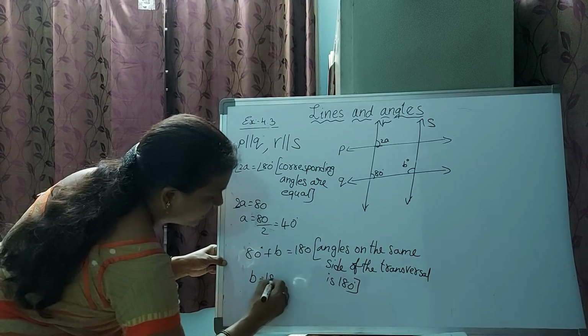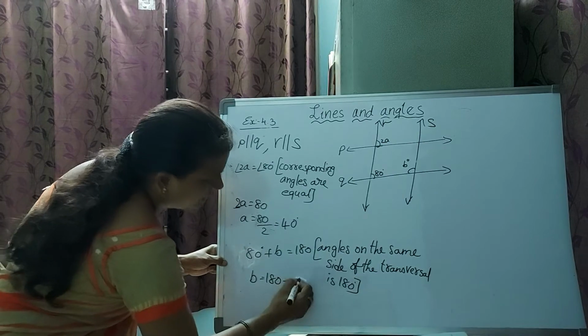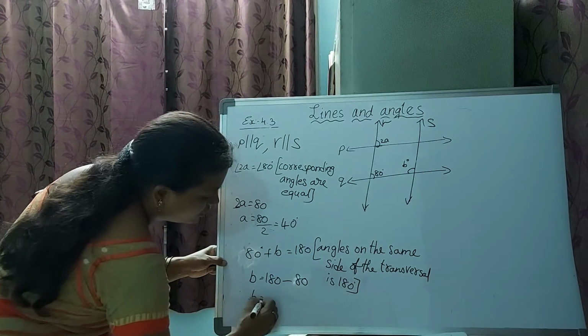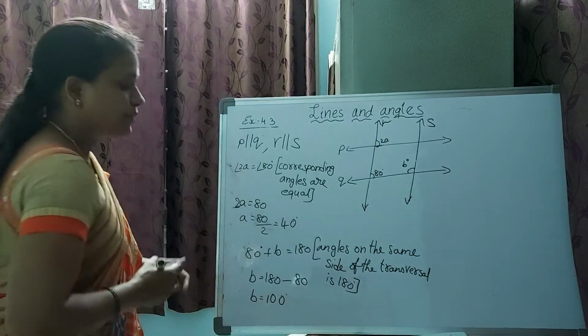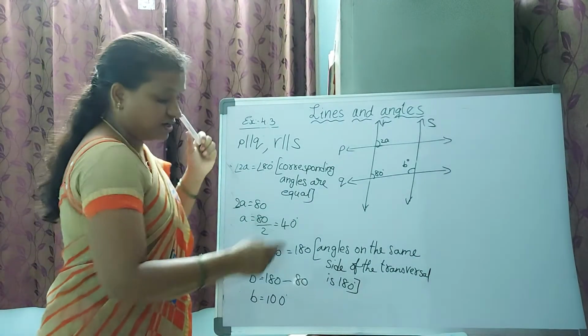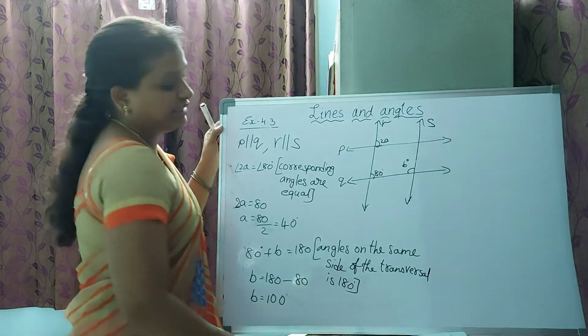B is equal to 180 minus 80, so B is equal to 100 degrees. A is equal to 40, B is equal to 100 degrees.